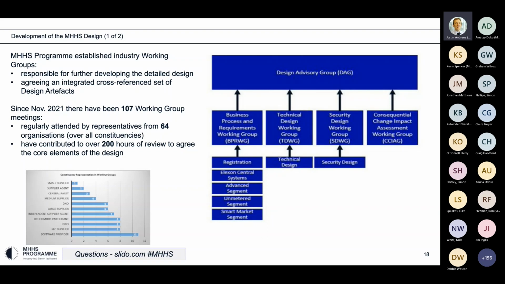From my 30 years in the industry, that has really been amazing, fantastic, brilliant. You guys and girls have rolled up your sleeves to really get on and develop a robust set of design artifacts. So I'll take this opportunity to say thank you.